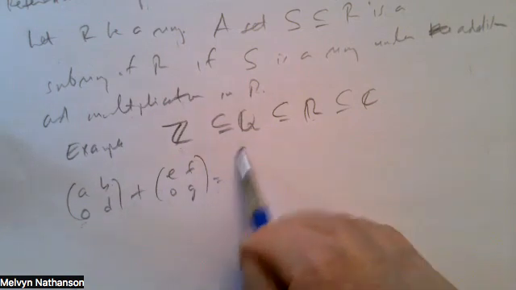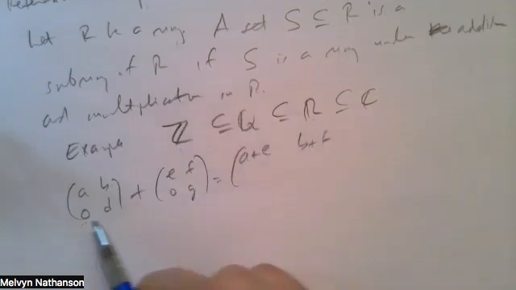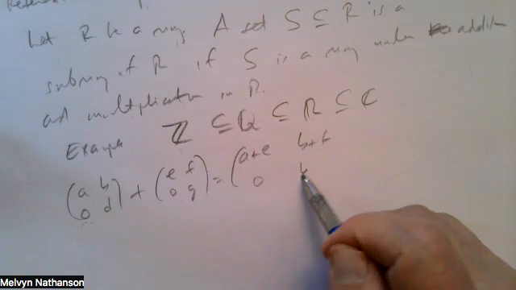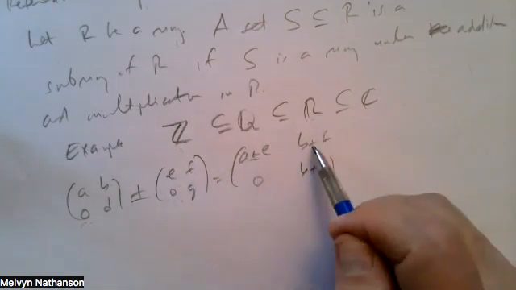If you take two such matrices and add them, you get A plus E, B plus F, 0 plus 0, D plus G. Or if you subtract them. So this set of matrices with the 0 in the lower left-hand corner is closed under addition.